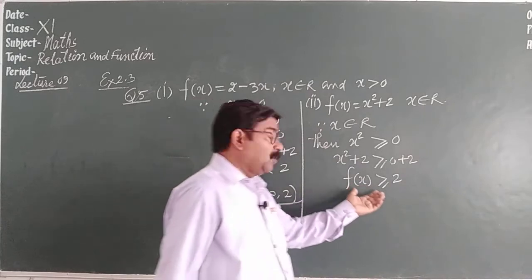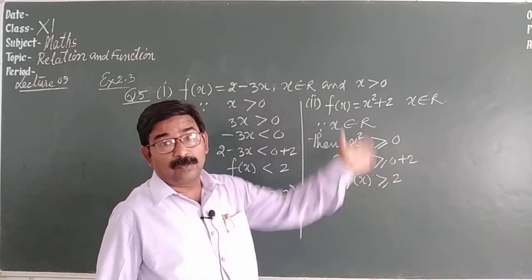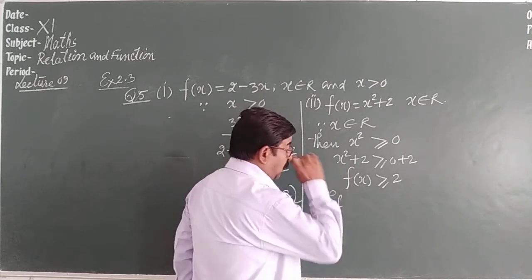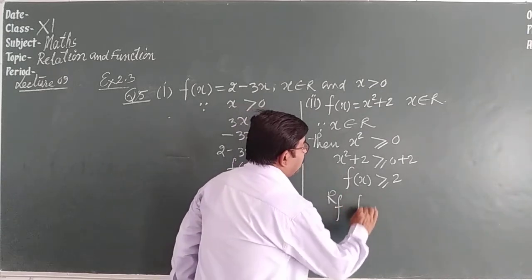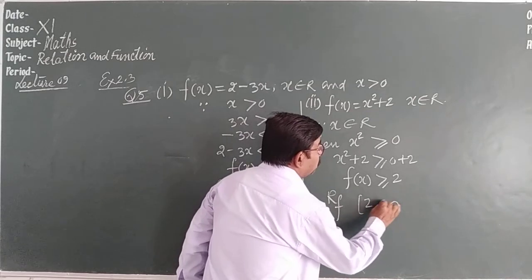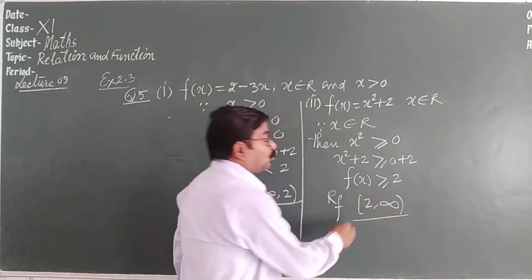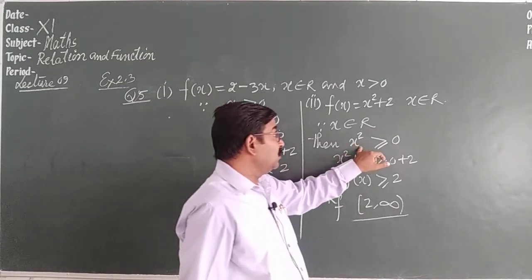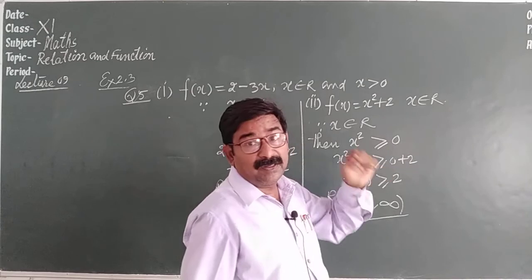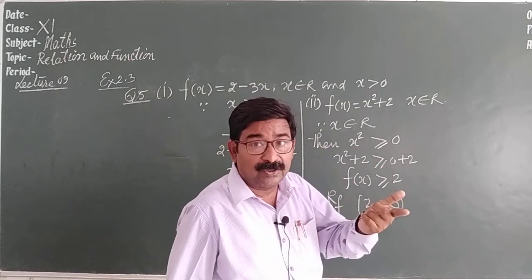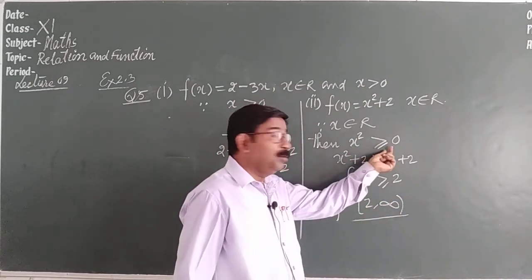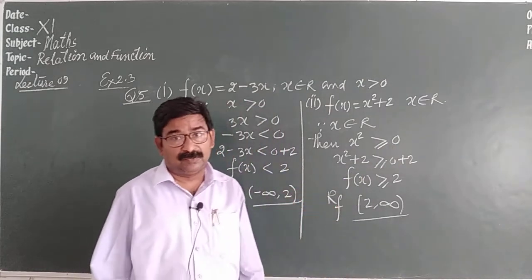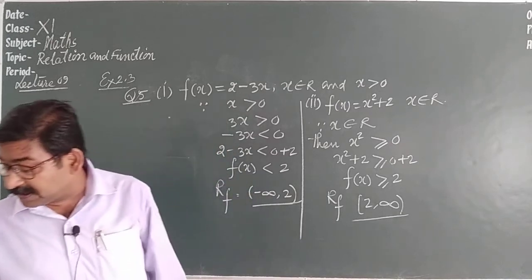This means the value of the function is either 2 or more than 2. So what is the range of this function? The range is the closed interval 2 to infinity. Try to understand. The square of any real number may be 0 or more than 0, so we have taken 0 or more than 0. Got it? This is how we can get the answer to this question. One more part is there.